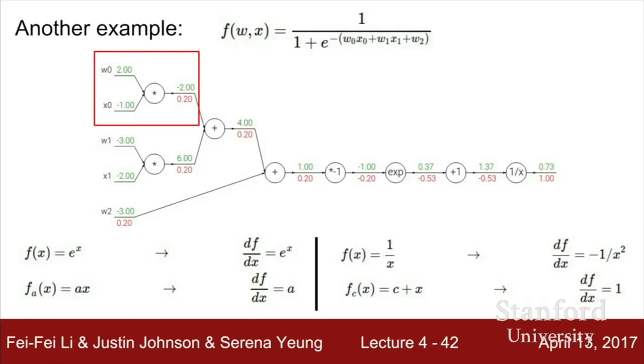We have a few more gradients to fill out. Moving back, now we've reached W0 and X0. Here we have a multiplication node. We saw the multiplication node from before: the gradient with respect to one of the inputs is the value of the other input. So what's the gradient with respect to W0?